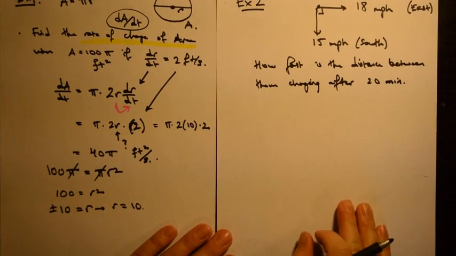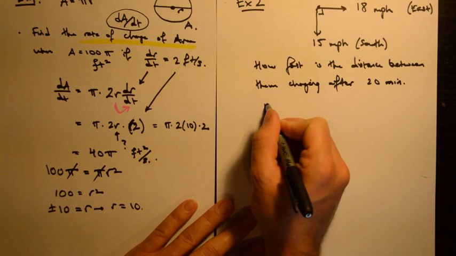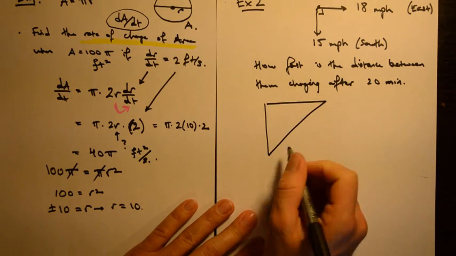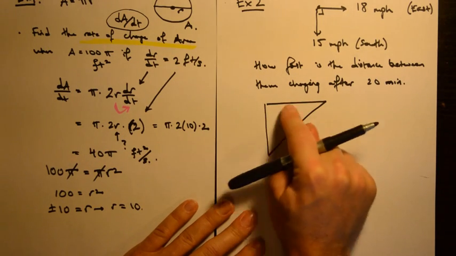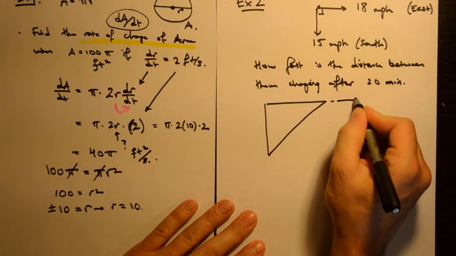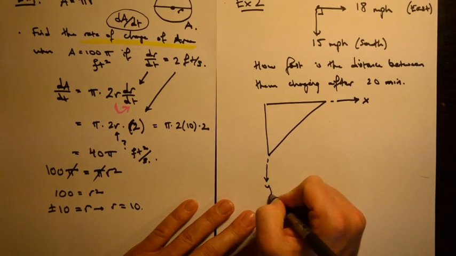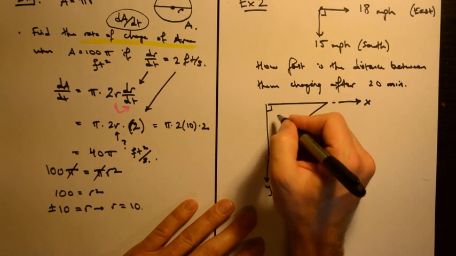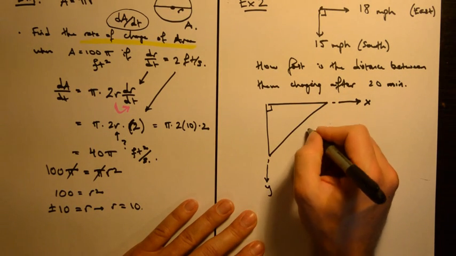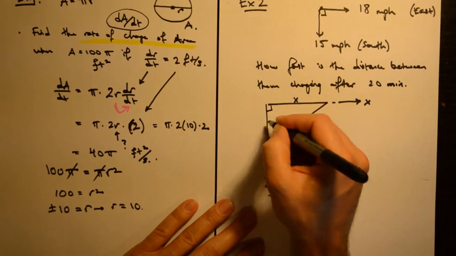So here's the idea. In this problem, you basically have a right triangle. Now you're given the rate is 18 miles per hour here and 15 miles per hour here, going this way and this way. Notice this one naturally lends itself to the x-axis and this one naturally to the y-axis. And usually if we have a triangle, with sides x, y, z, then what we'll want is the distance z and x and y.